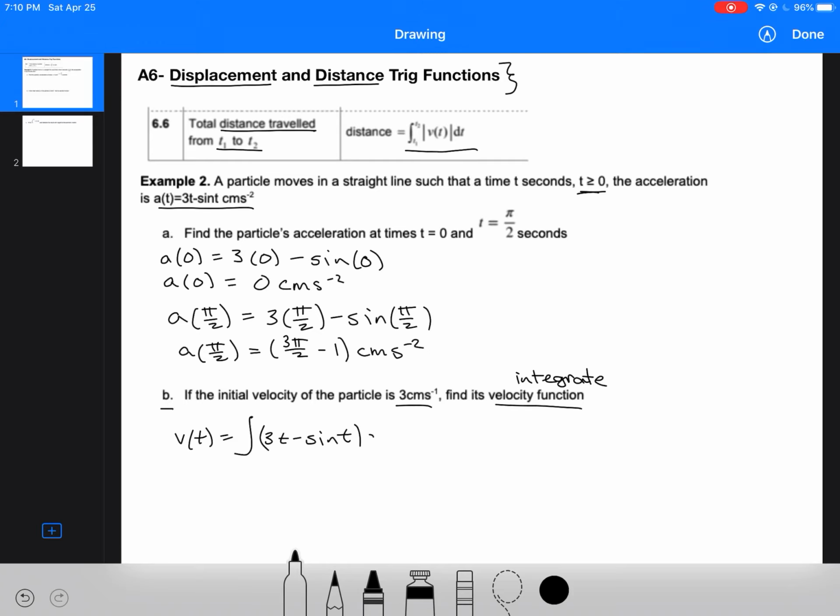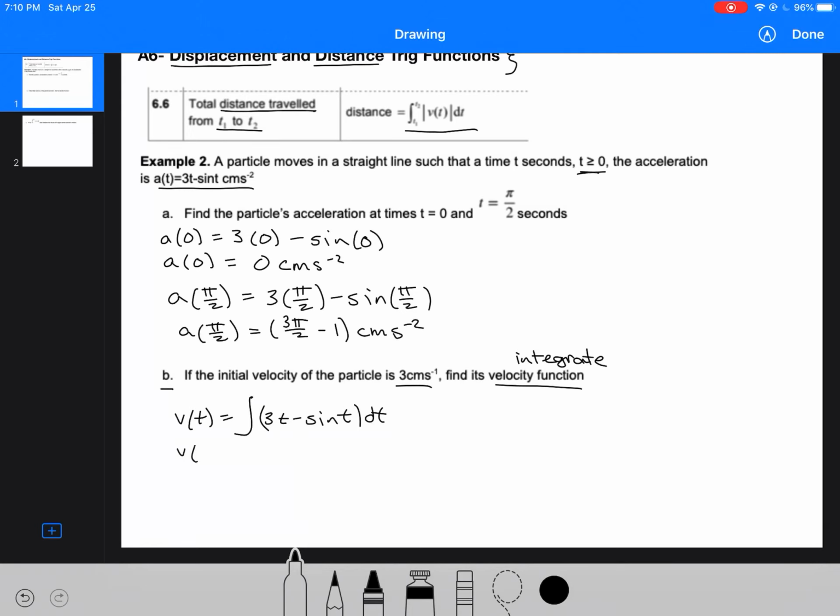So we're going to integrate 3t minus sine t with respect to t. When we integrate that, we're going to get 3 over 2 t squared plus cos t plus c, our constant of integration. And we know that at 0, our initial velocity is 3.